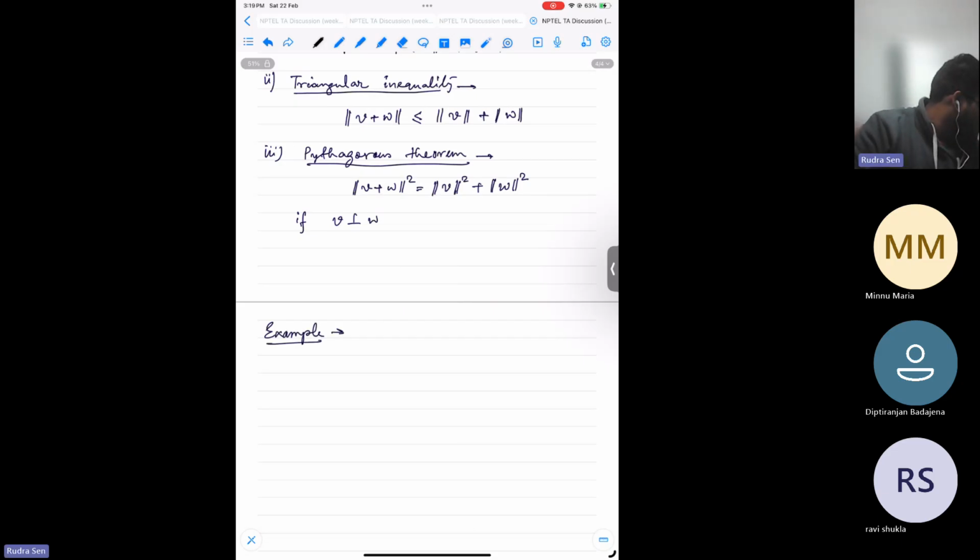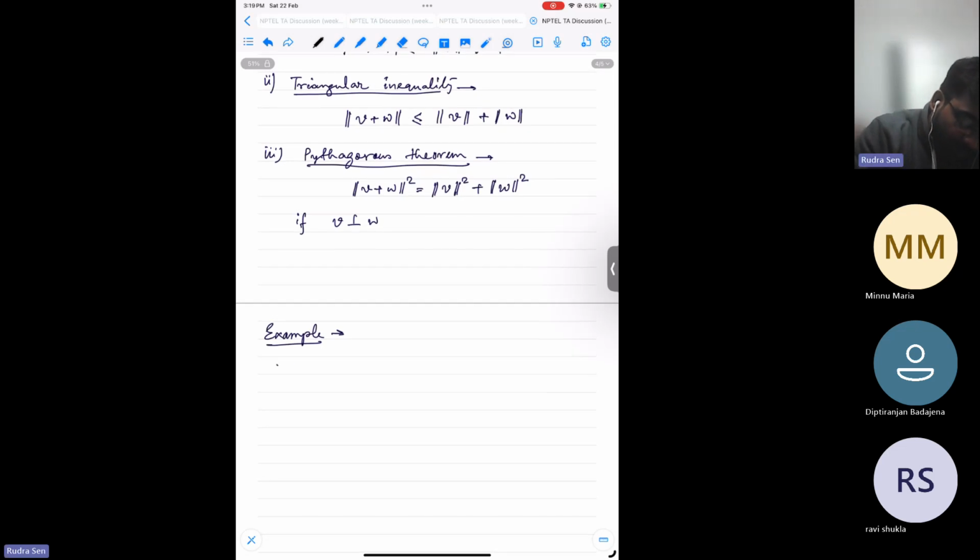so the example says, if this transformation T of V equals the norm of V. Okay, so what is a norm? When I'm saying this norm, I mean the two-norm, that means the base is 2.